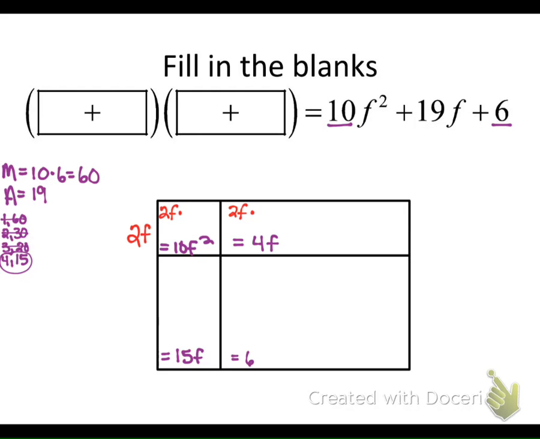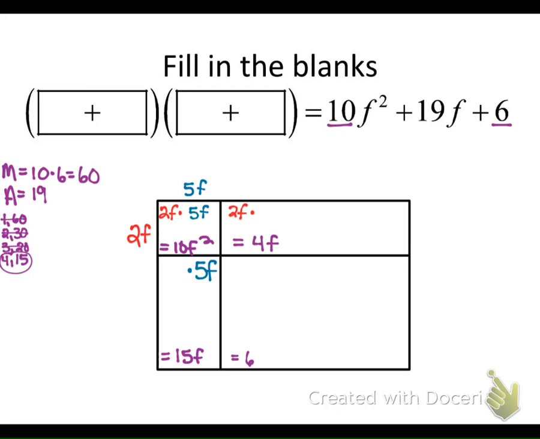So 2f times what gets me to 10f squared? 5f. Okay? So if that's my width, I'm going to bring it to the top. What else should I do with it? Once I bring it to the top, I should also bring it down to my second rectangle. So does the width go first or second?